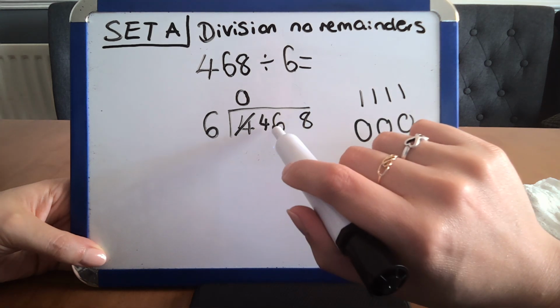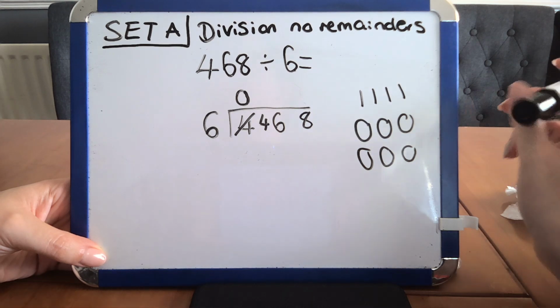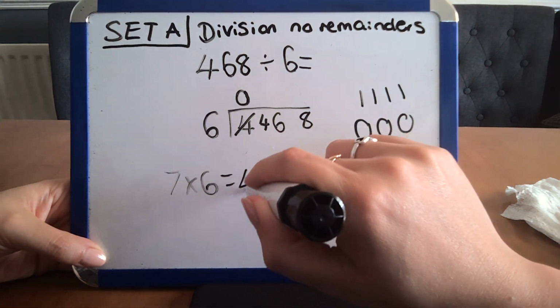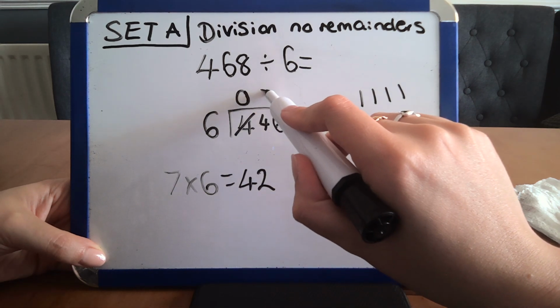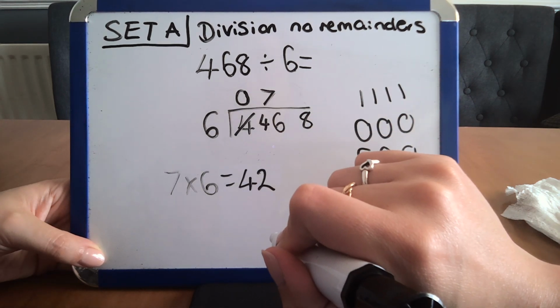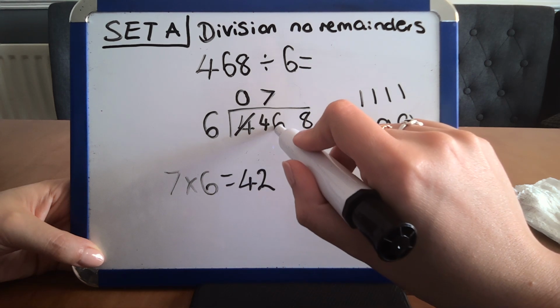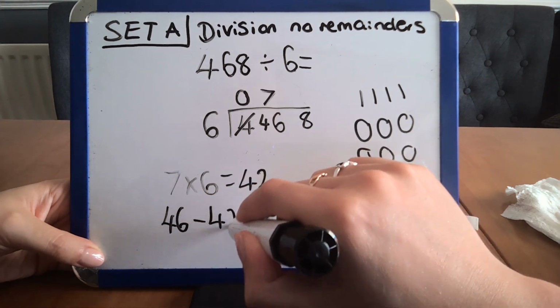So how many 6s go into 46? So we need to go through our times tables. Now I know that 7 times 6 equals 42. So you can make 7 equal groups, but I've only got 42 and I need 46. So 46 take away 42.